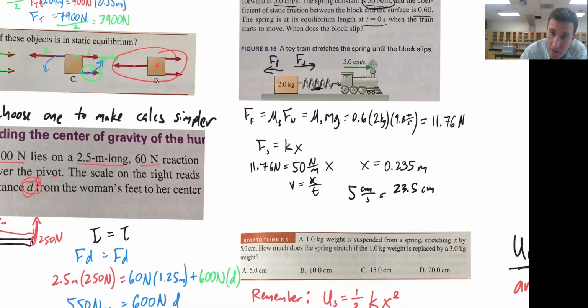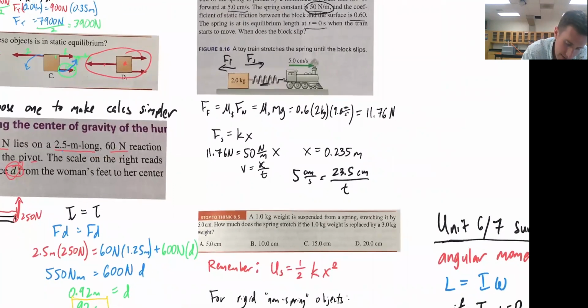I converted my meters into centimeters over the time. 23.5 divided by 5 gives me 4.7. So I think my time should be equal to 4.7 seconds. And that seems like a reasonable amount of time for the train to pull before the block slips.